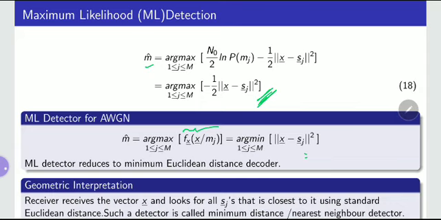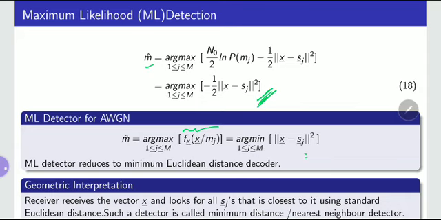So in the figure we saw earlier, if we look for the minimum distance, I had asked a question about that. If it is minimum distance, you just have to assume that all the messages have equal probability, then we can use the minimum distance criterion, that is ML detection.